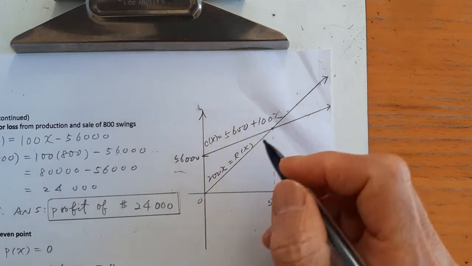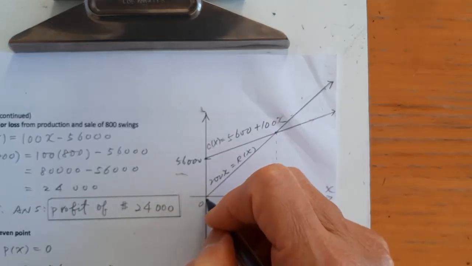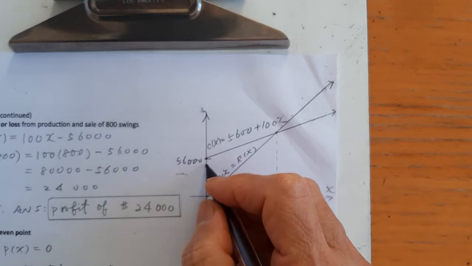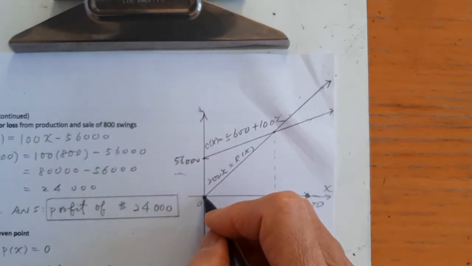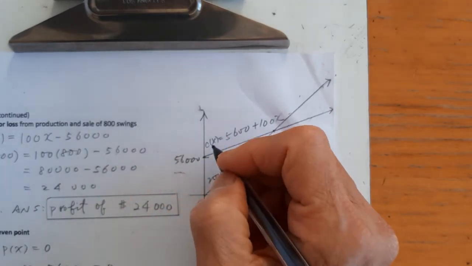In the beginning the revenue started at 0, so the revenue is less than the cost.